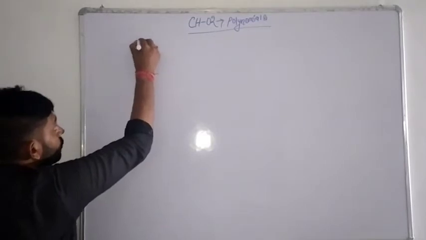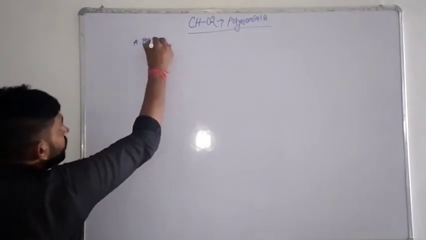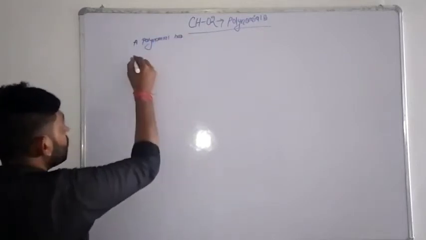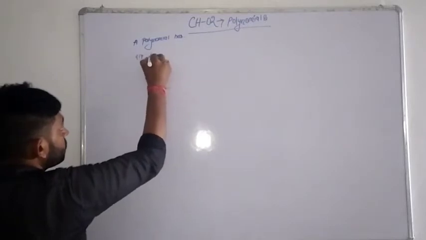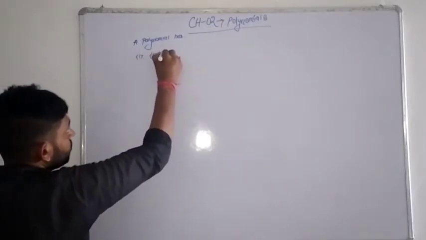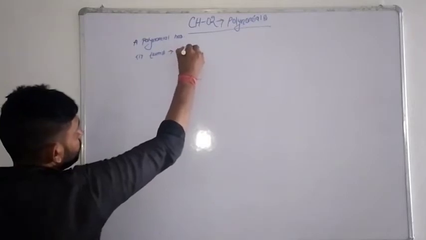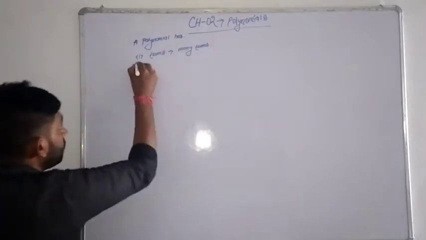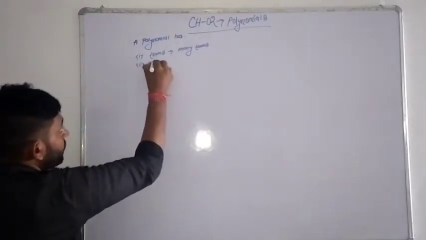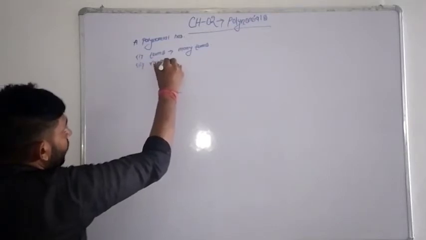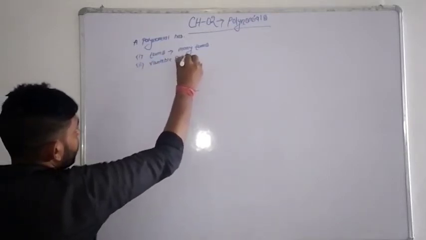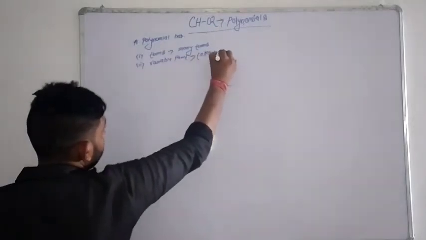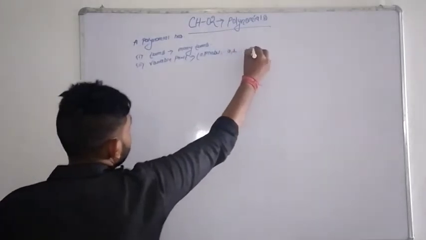A polynomial has, number one, terms, that means many terms. Number two, variable part, that means alphabets: a, b, x, y.